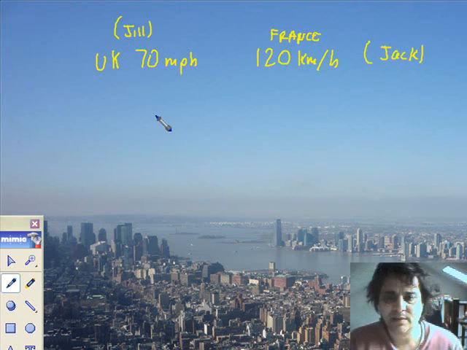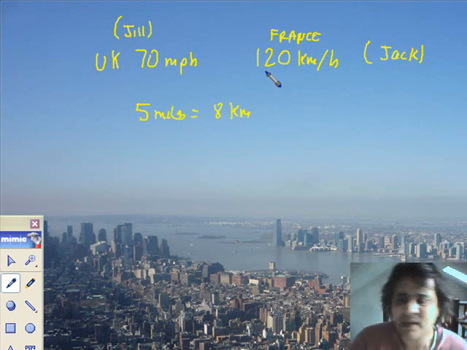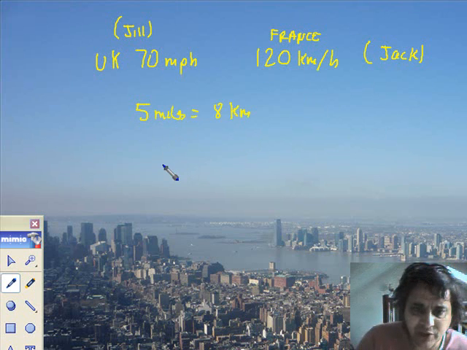Okay, right. So let me set up a little ratio. You know that 5 miles equals 8 kilometers. So I can either convert my kilometers per hour into miles per hour, or my miles per hour into kilometers per hour. This is how I want to do it. Set up a little ratio of miles to kilometers.